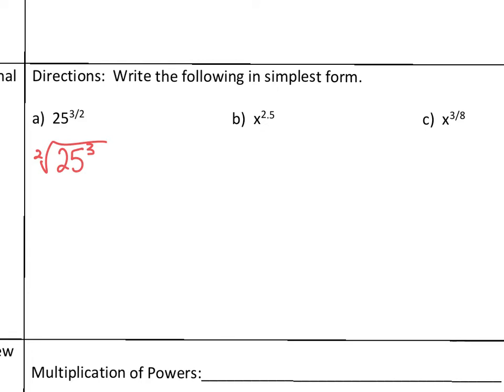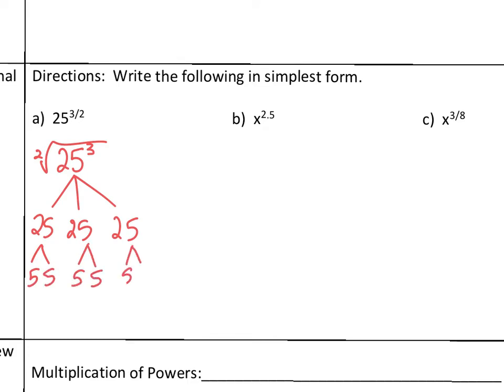So to simplify this, you could go ahead and take 25 to the 3rd power, get that number, and then break that number down. But what do I also know? 25 to the 3rd power, isn't that just 25 times 25 times 25? Yeah. And then what does 25 break down to? 5 and 5, 5 and 5, 5 and 5.